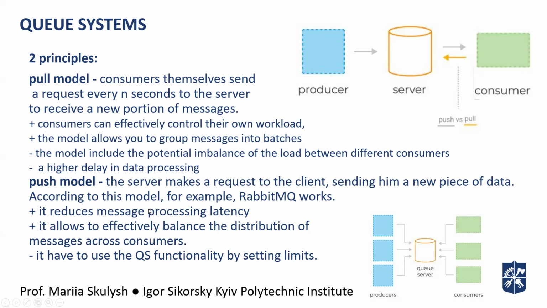Also, the push model allows efficient balancing, distribution of messaging across consumers, and less latency, good balancing. But the minus is that this system has to use QoS functionality by setting limits. What does it mean?